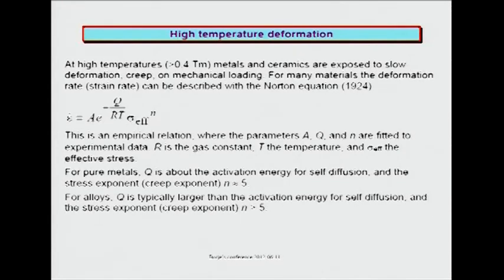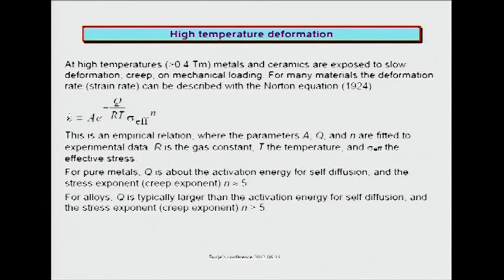All these parameters in the models are generally fitted to the data. And the approximate values of them can be predicted. The stress exponent is of order 5 or higher for alloys, and the activation energy for pure elements is the same as the activation energy for self-diffusion, but it's higher for alloys.